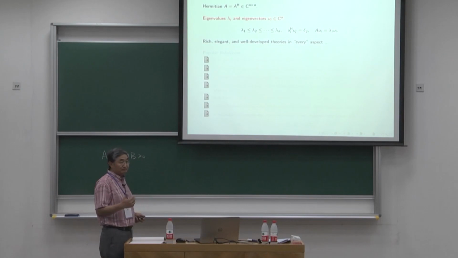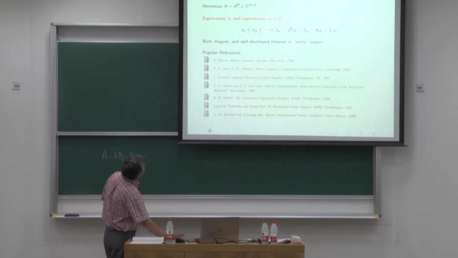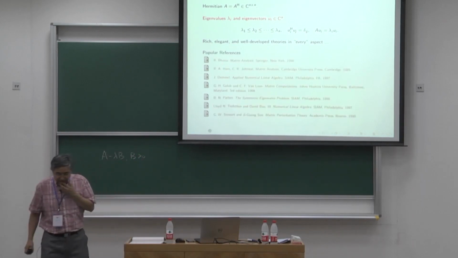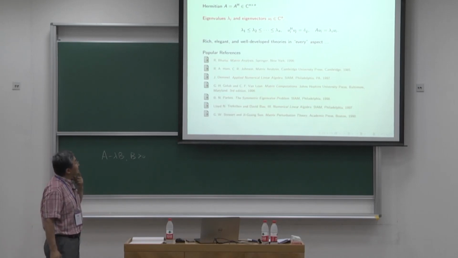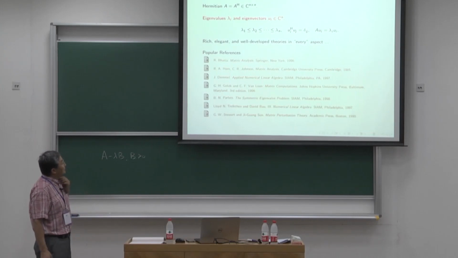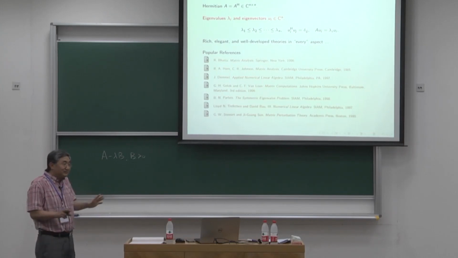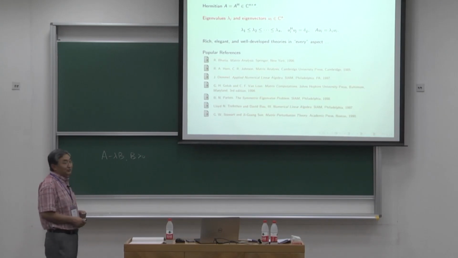There are lots of properties for Hermitian eigenvalues. Most of the theory is very elegant, and I'll list a few popular references here. The first two references are more theoretical, called Matrix Analysis, the first by Bhatia, the second by Horn and Johnson. I presumably you know those two books. They contain pretty much everything you want to know, but probably too many.